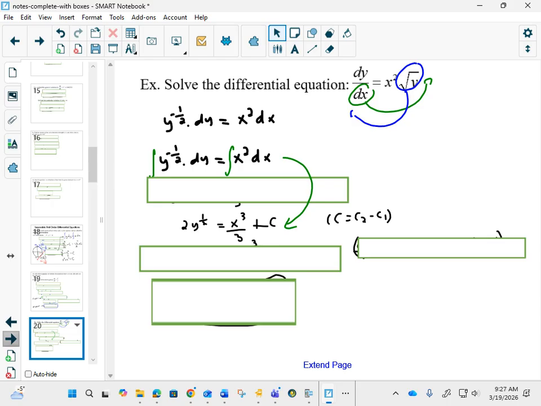The step that I didn't show you had the plus C1 on one side, the plus C2 on the other side. Those are going to be put together as a plus C eventually. Does that make sense? So if I'm okay with you skipping that step, are you okay with me not showing it to you?